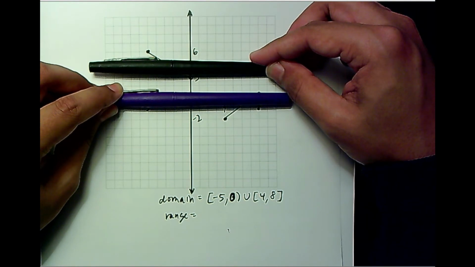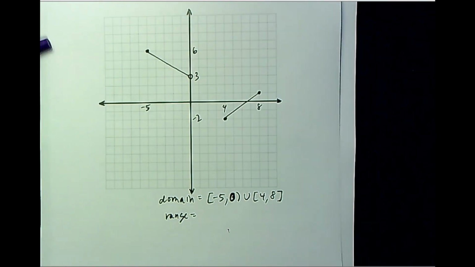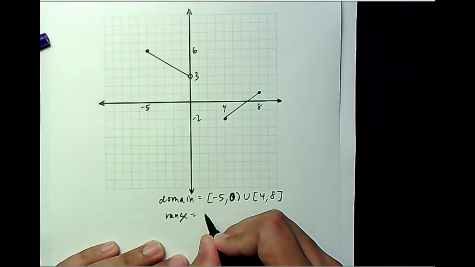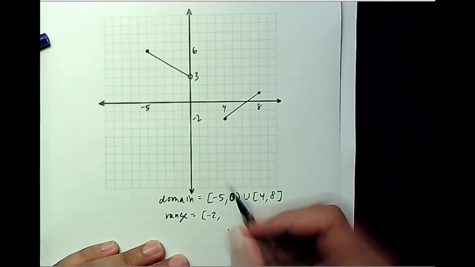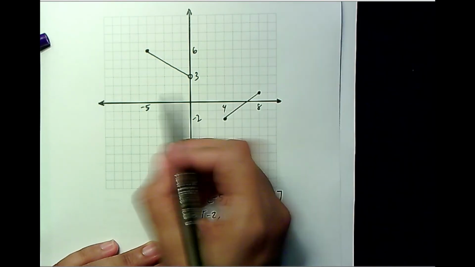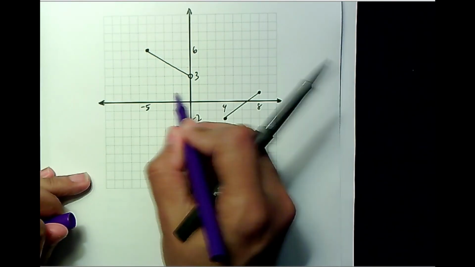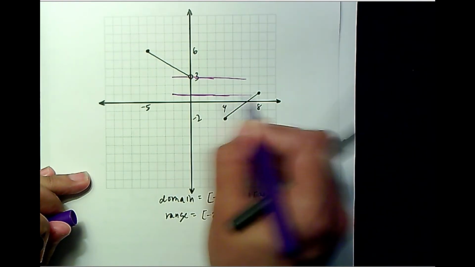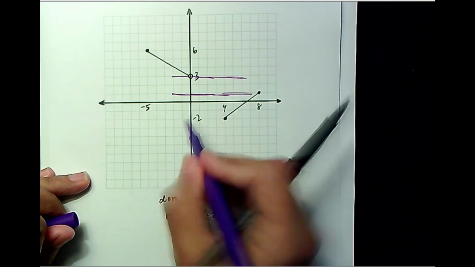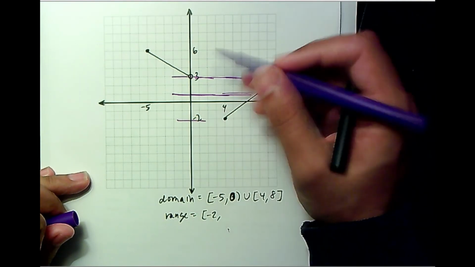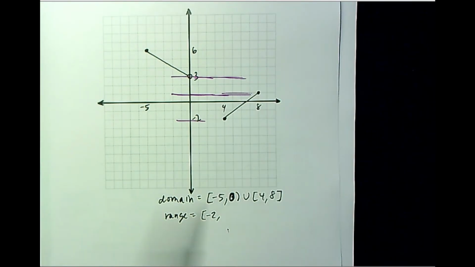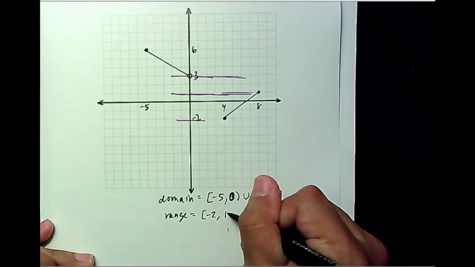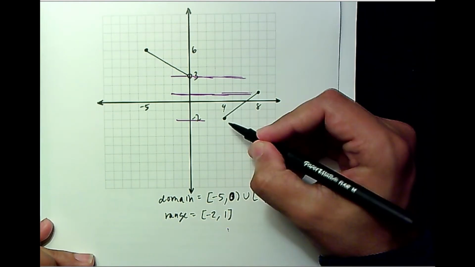So we're going to say the range is from -2 to here. So basically we're leaving out this section because there's no piece of the graph in there. So from -2 to 1, both are included.